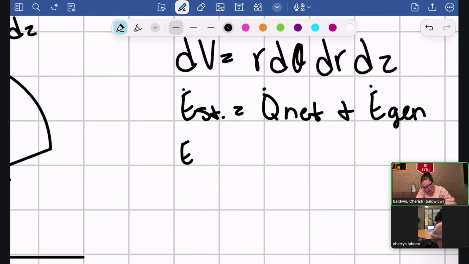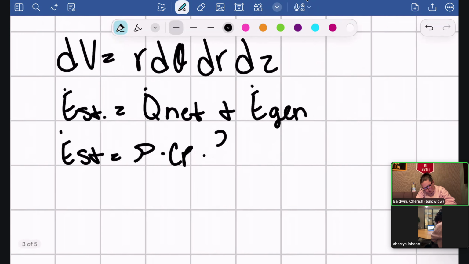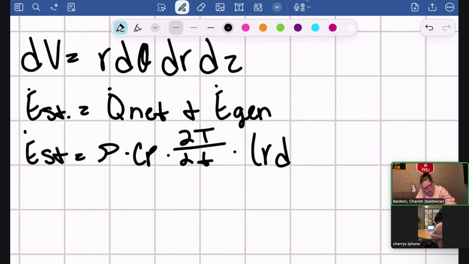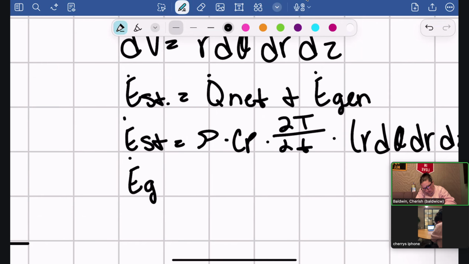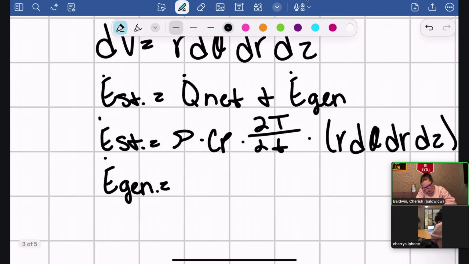The equation for energy stored is density times heat capacity times the partial derivative of temperature over time times the differential volume, which is r d theta dr dz. And the equation for energy generated is q dot times the differential volume.